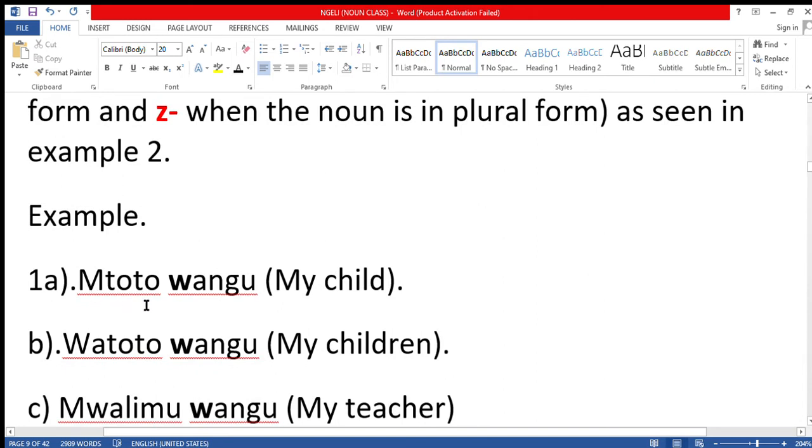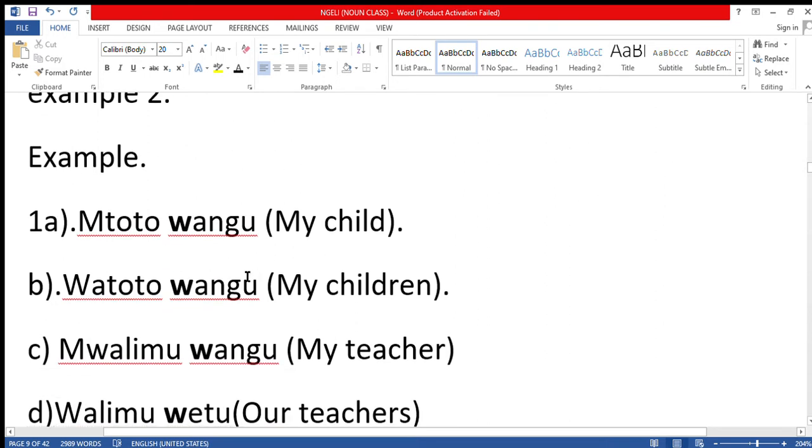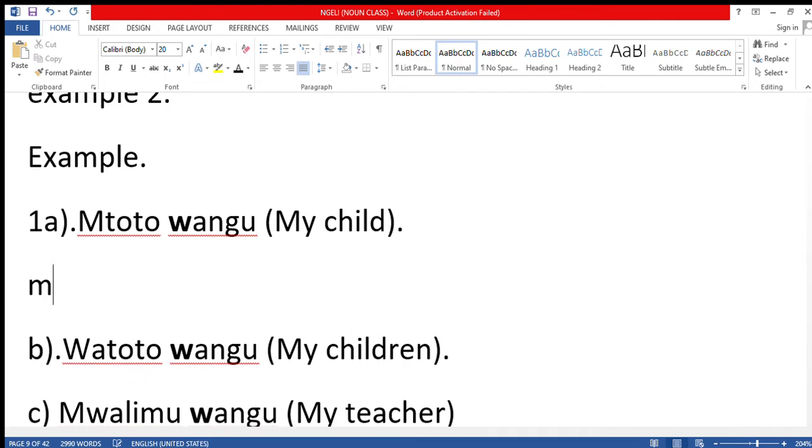Example 1. Mtoto wangu. We put there W. Mtoto wangu means my child. If you want to use another form, we can say mtoto ni wangu.